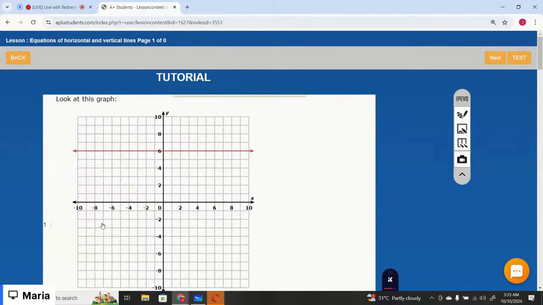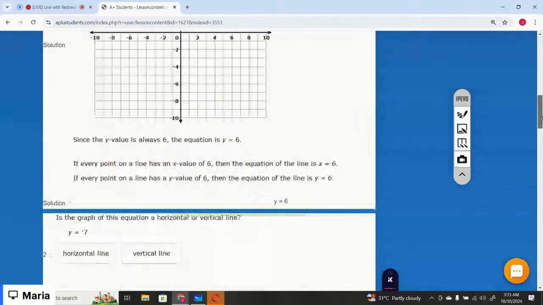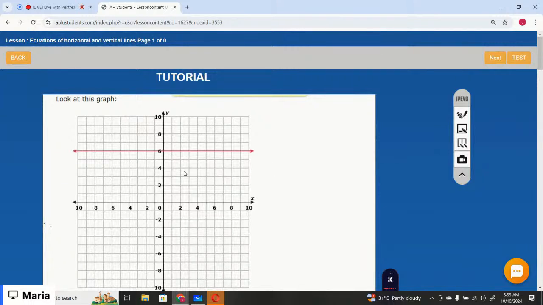So look at this graph. You need to write down the equation for the graph. So how do you write? Just look at this line. The line is at y equals 6, right? This is 6, but that is on the y-axis, right? So that means the equation is y equals 6. The line that passes through the point is 6.